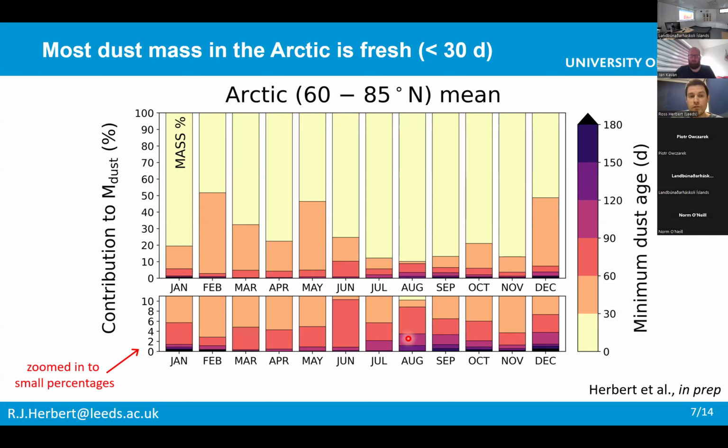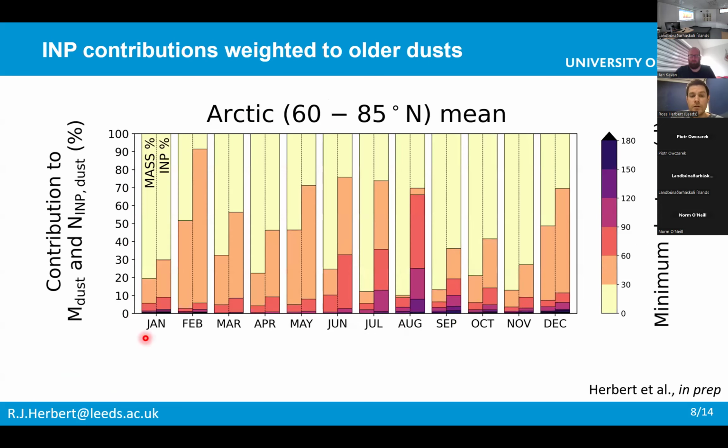But it's a different story when you actually look at the ice nucleating particle concentration. Now we have that same data for the mass, but next to it, we have the contribution to the total INP concentration in the Arctic. And this is just for dust. Now we can see that in all months of the year, we have this shift so that the INP contributions are weighted towards these older dusts.